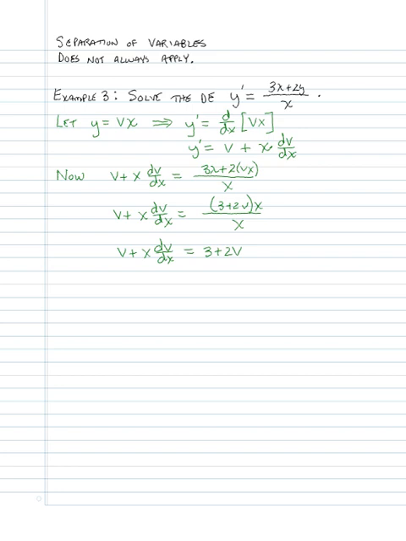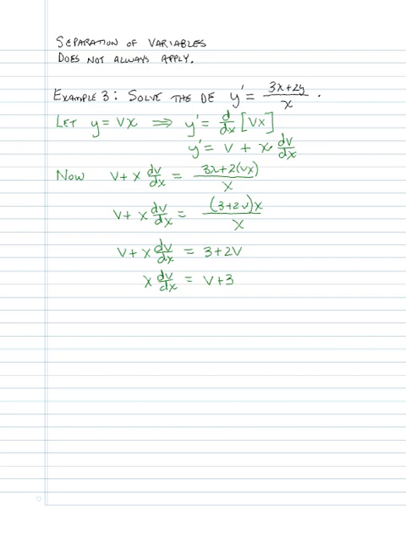Well, the first thing we're going to do is subtract v on both sides, and while I'm at it, that'll leave x times the derivative of v with respect to x on the left, and 2v minus v is v, and so I'm going to rewrite this, rather than 3 plus v, as v plus 3. Now, to separate the variables, I'm going to multiply both sides by dx, and I'm going to multiply both sides by 1 over x and both sides by 1 over v plus 3.